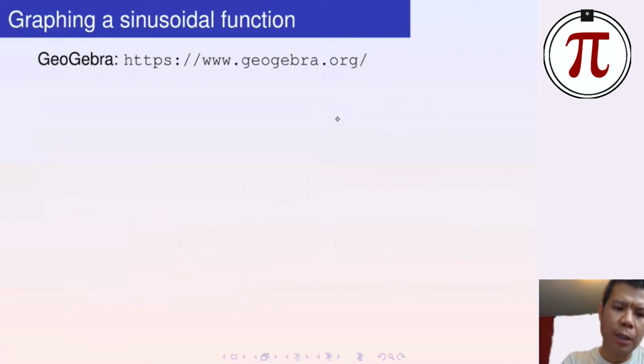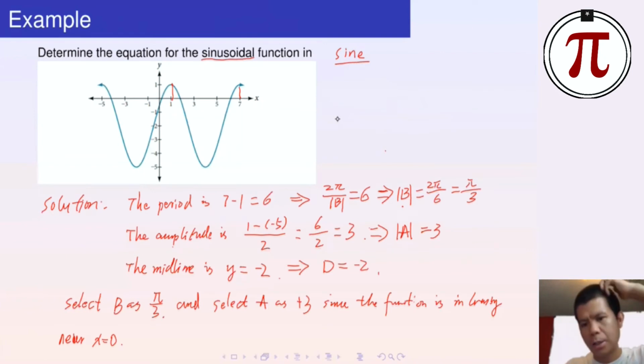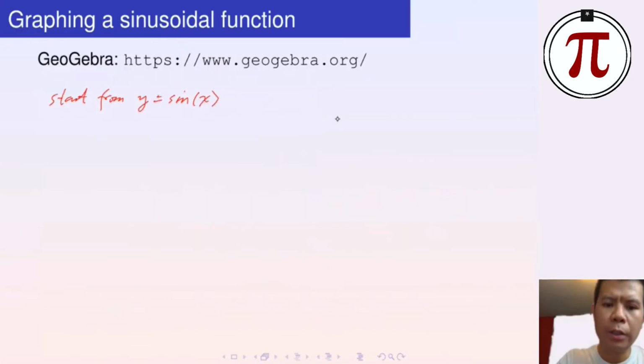We start with y equals sine of x, and now we are going to apply these changes. We know that the period is 6, so we need b to be pi over 3.